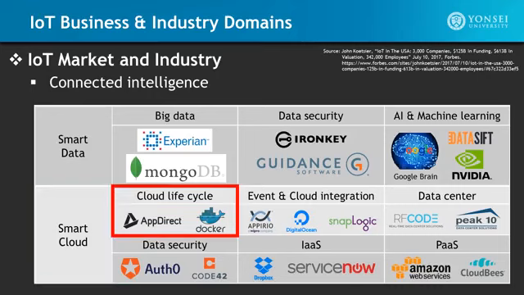Cloud life cycle. This is about extending the life cycle of your IoT devices, IoT market and service domain through cloud computing technology. There are so many ways that this can be done.